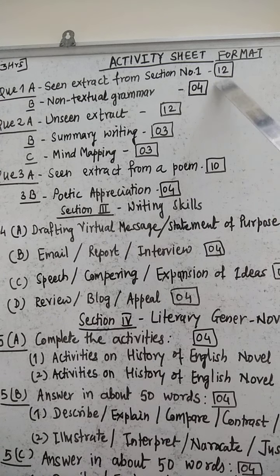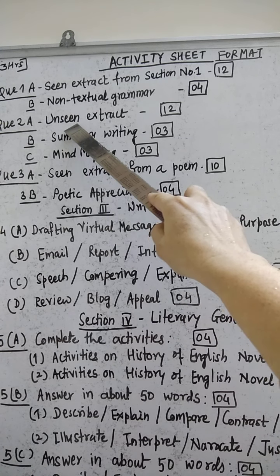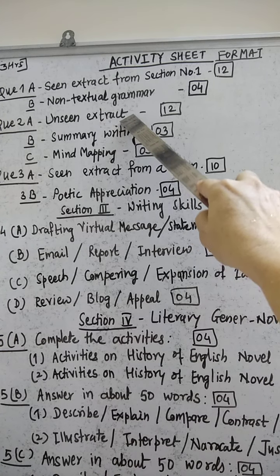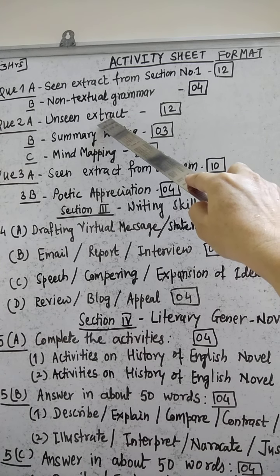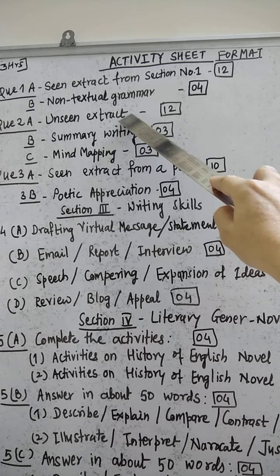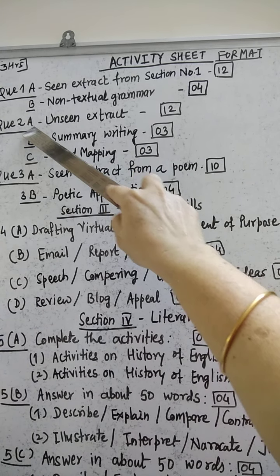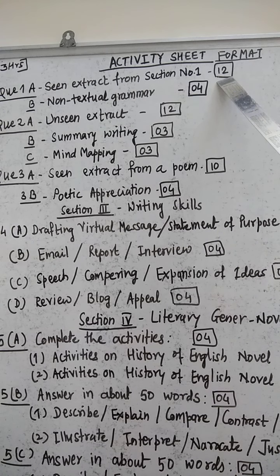Now I would like all of you to note that question 2A is based on an unseen extract. The length of this extract and the earlier extract is almost the same, say around 300 words, and the types of questions asked under 1A and 2A will be the same, and so the weightage is also the same.